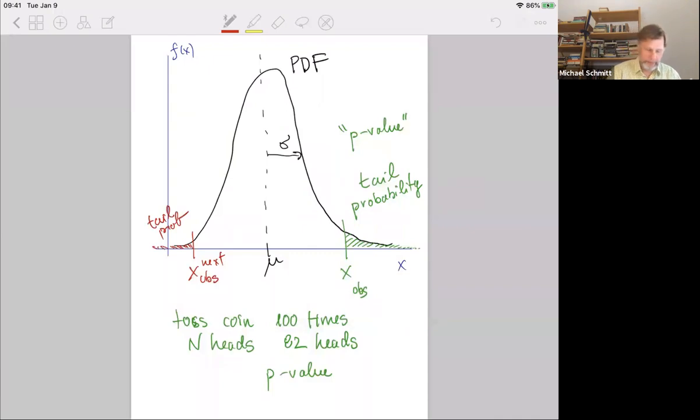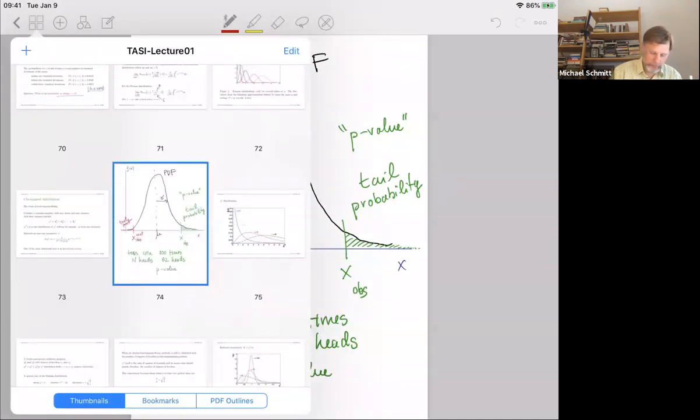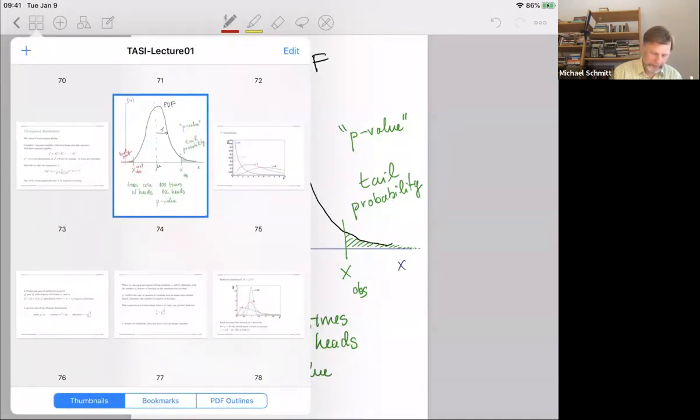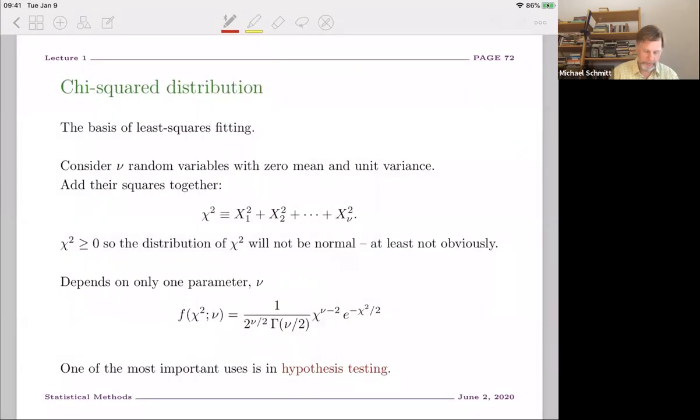So let me bother you for just 2 more minutes to try to go through this chi-square distribution because it's the basis of least squares fitting, which I want to discuss with you. If we had nu random variables independent of each other, we square those random variables and add them together and call that sum chi-squared, then chi-squared certainly is greater than or equal to 0, so it cannot be a normal distribution.